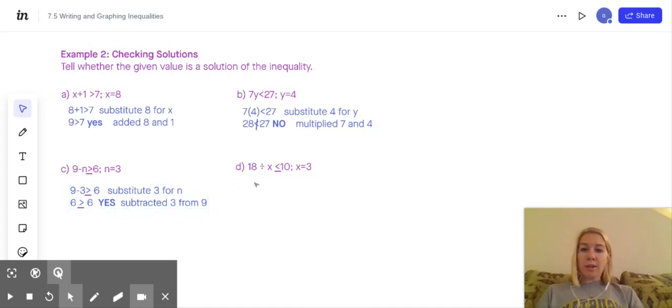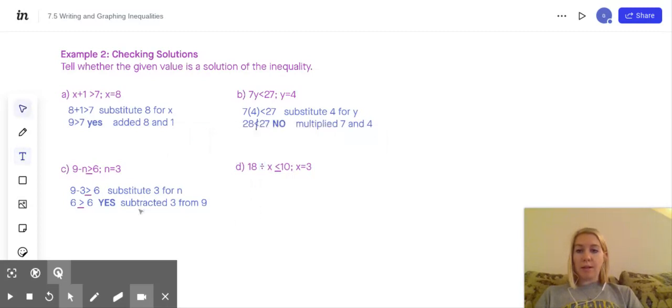All right, let's talk about the next one. Problem D says 18 divided by x is less than or equal to 10 when x equals 3. We know what x equals, so we're going to substitute 3 for x.